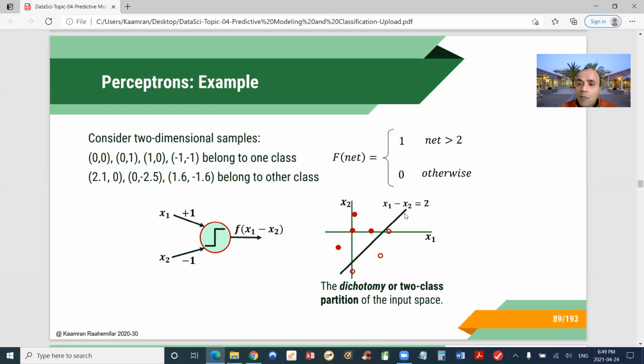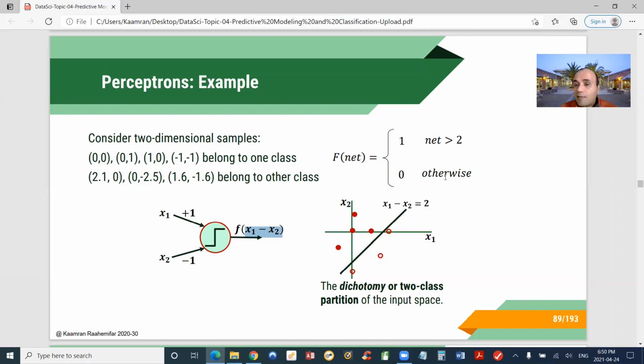So if you take a look at this, my summation, my input, is supposed to be generating 2. So my net is going to be 2, a very nice indication of separation of the two classes. Now, if net is greater than 2, it's going to be 1.